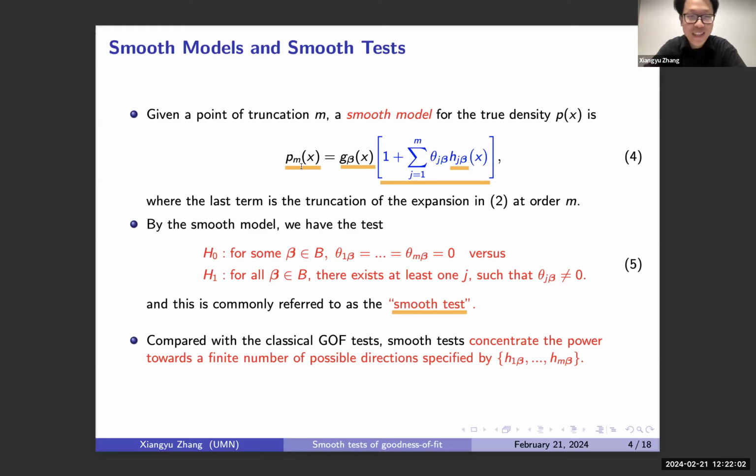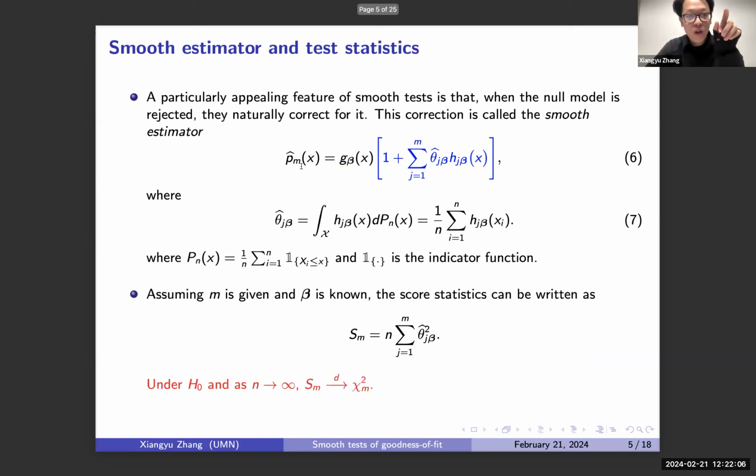Yes, thanks for the explanation. Indeed, that's what we will talk about in the next slide. That's one of the features of the smooth test. When your null hypothesis or null model G beta X gets rejected, the smooth test provides a natural way to perform corrections for your postulated model that got rejected.